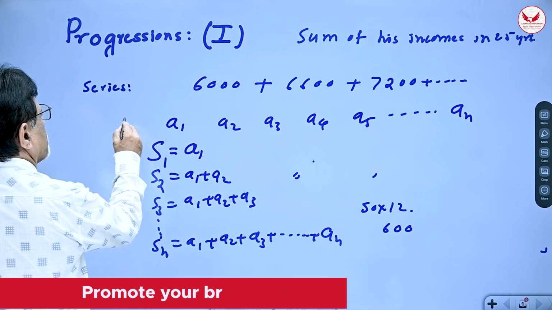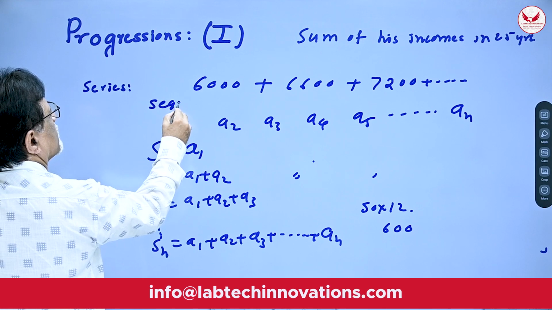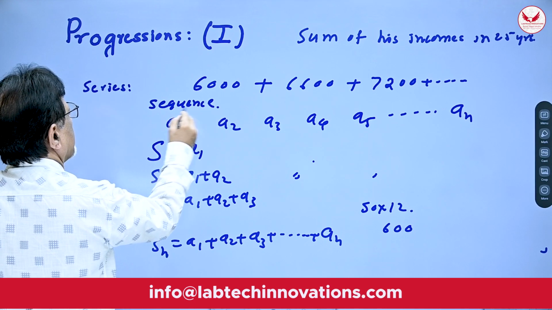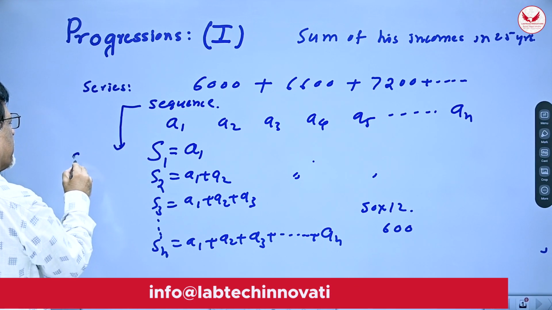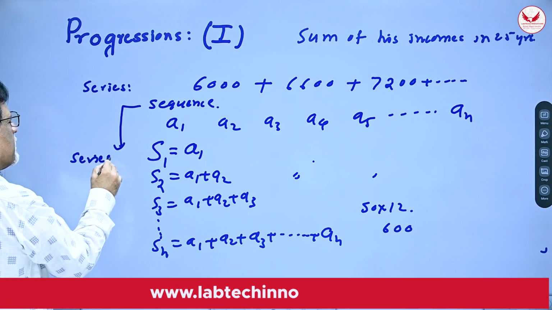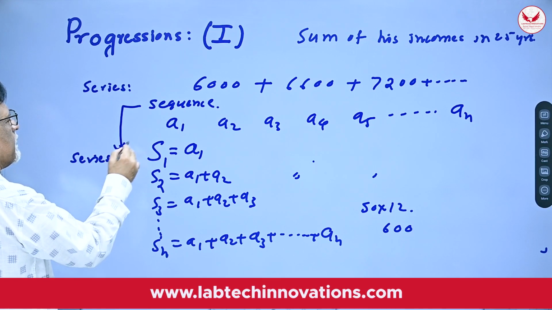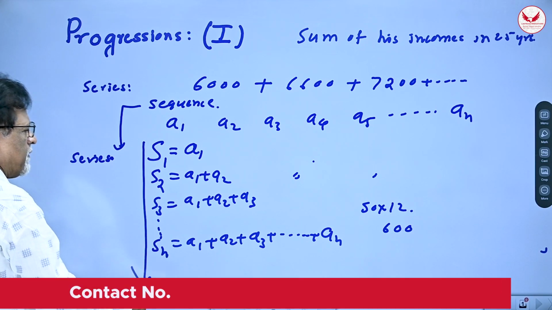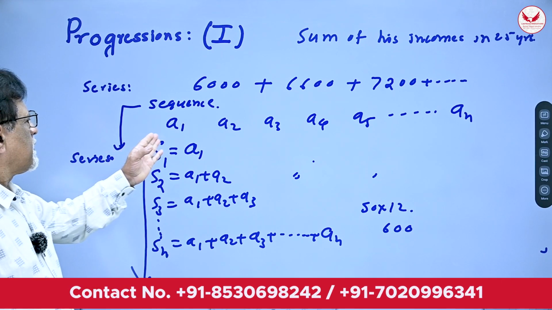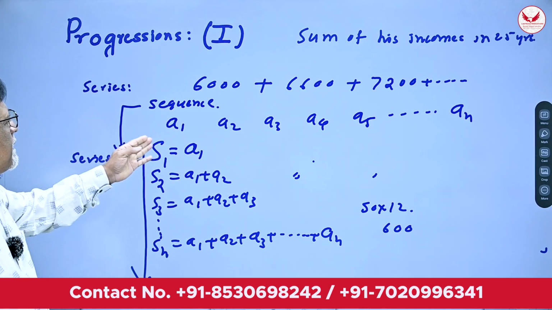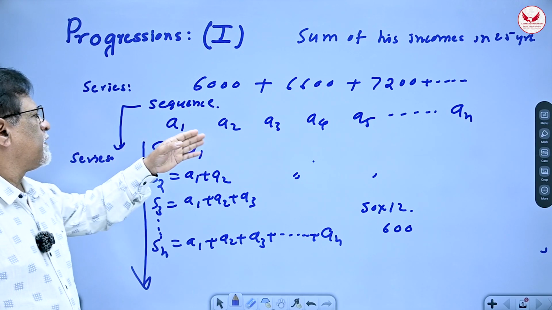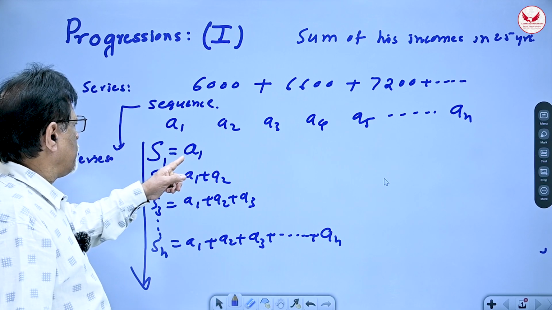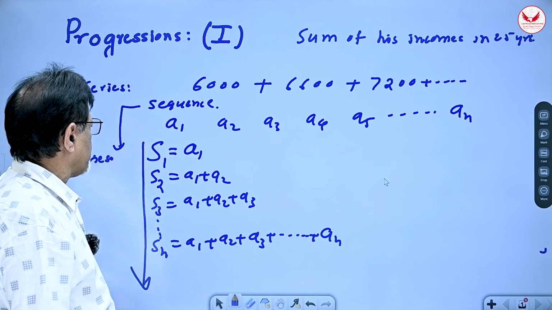So this is called the original sequence, and this is a series obtained out of it. So therefore, this is another sequence actually, but this sequence is created out of this sequence by adding the first n terms. So S1 means only the first term. So it coincides with the first term here.